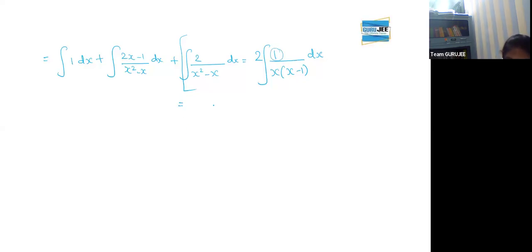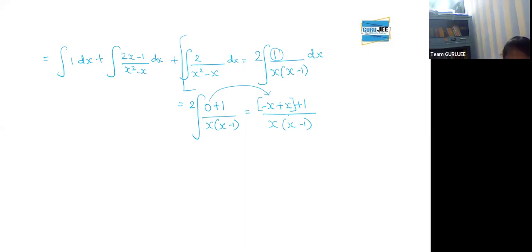So again adjustment. This can be written as 0 plus 1 divided by x into (x minus 1). This 0 can be written as minus 1 plus 1, that is minus x plus 1 divided by x into (x minus 1). Again, this results in 0. For 0, I have replaced with minus x plus 1.